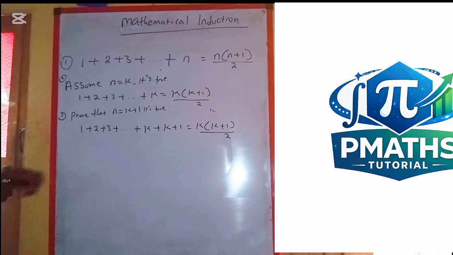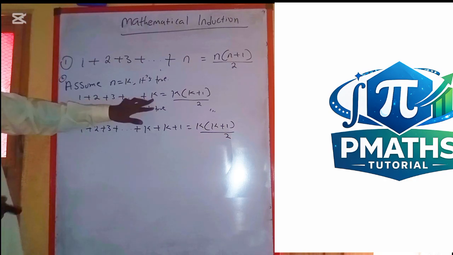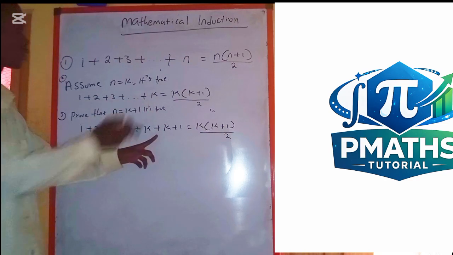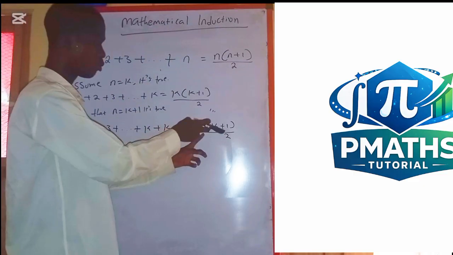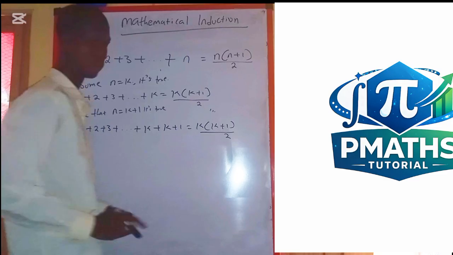If you look at it, we use n equals k plus 1. We are using this part, the n that is there, k plus 1, equals k bracket k plus 1 over 2.